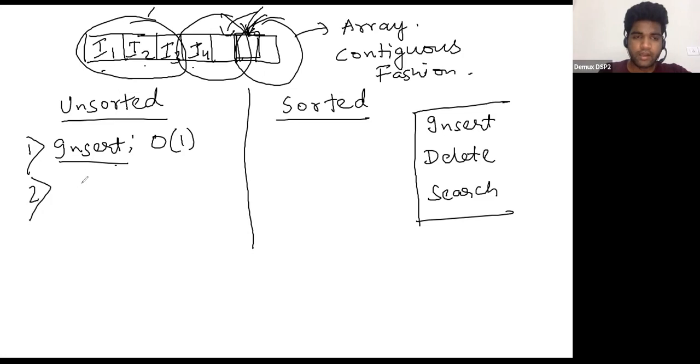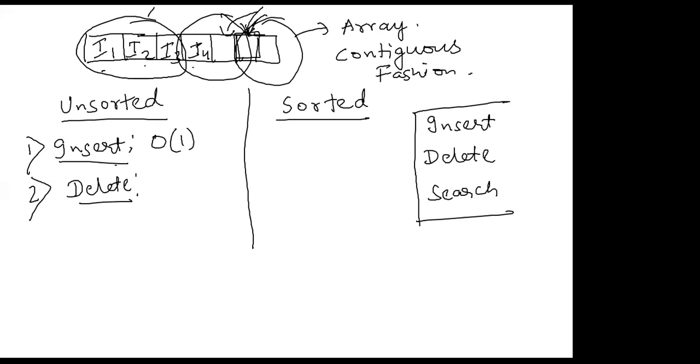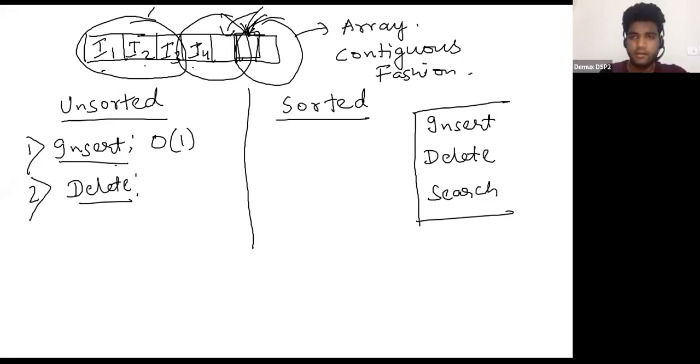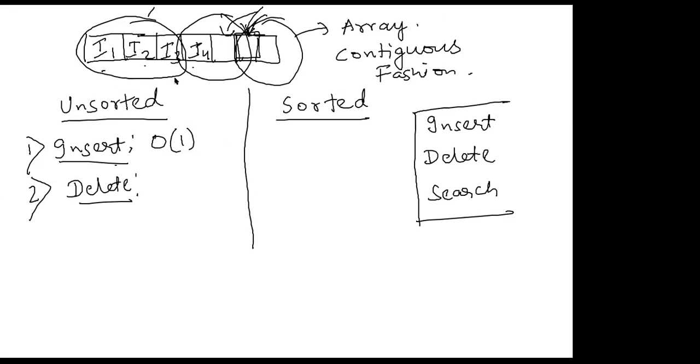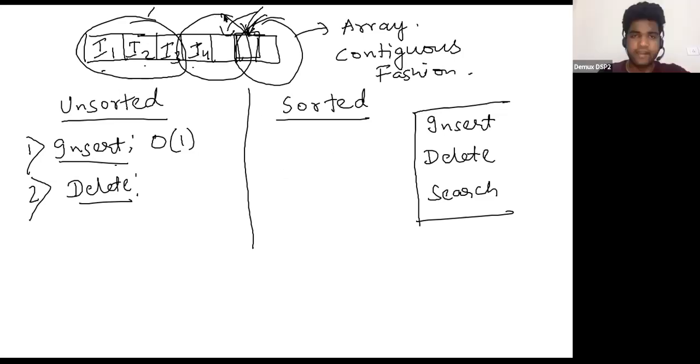Now let's talk about the next operation. Let's say you have to remove a particular item in an unsorted array. How much time will it take? O of n, I think. Yeah. Why? Because you have to find that particular item in that array.